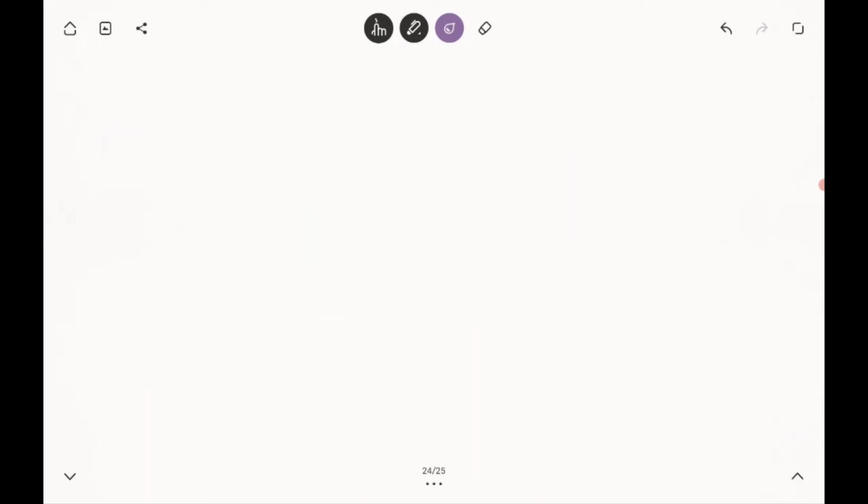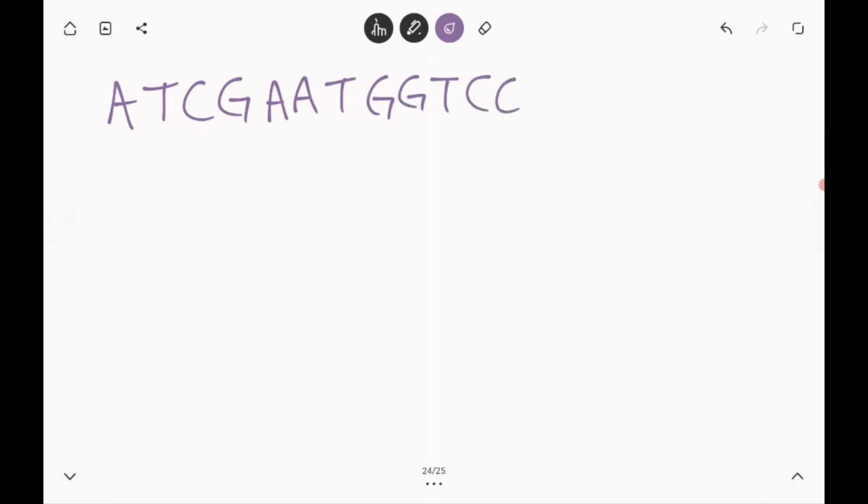So let's say we have a sequence of DNA. Okay, so here's our DNA. Here is our 3' end. Here is our 5' end.